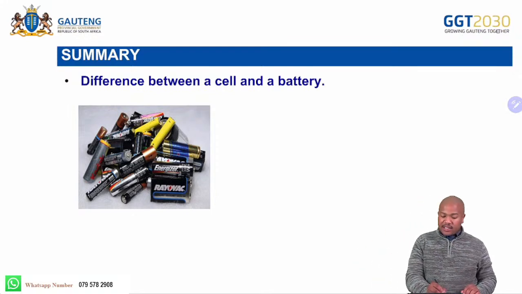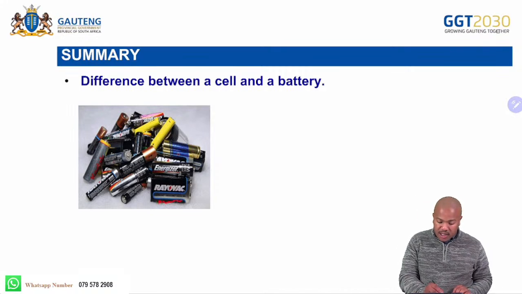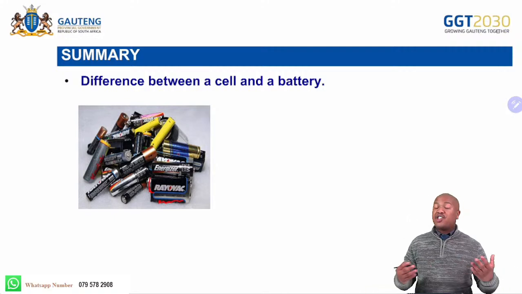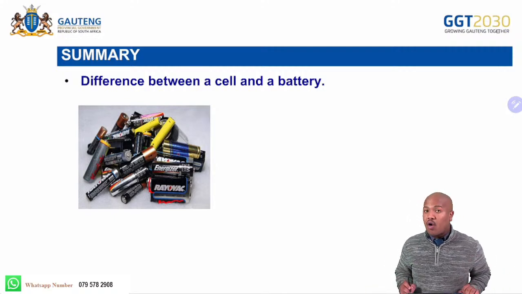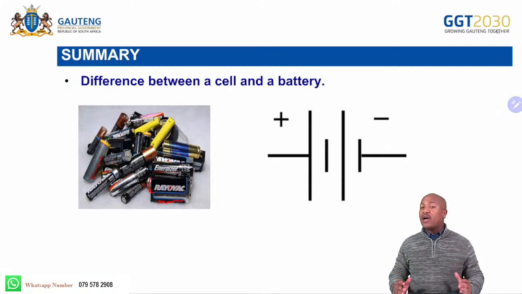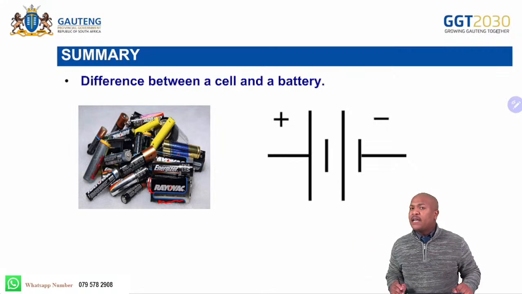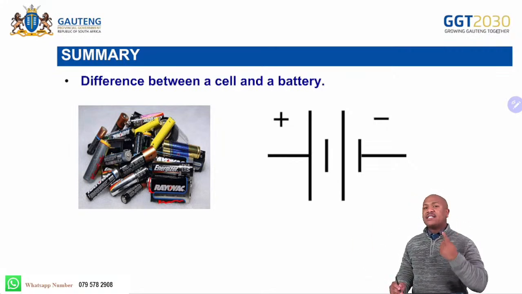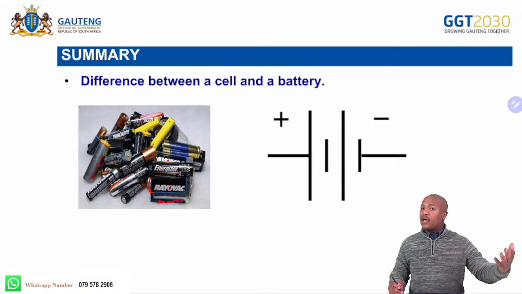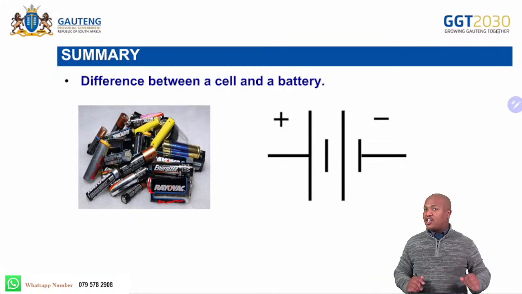And we said that a cell looks something like this, all the cells that you know of, your Duracells, Energizer, Everready, and so on. And we also talked about a battery being two or more cells connected together. Now, just to remind you, a cell is a single component that converts chemical energy into electrical energy.